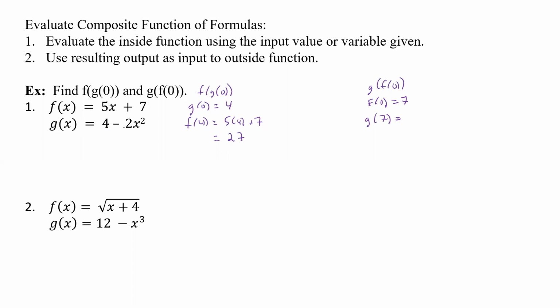And so we have 4 minus 2 times 7 squared. That's going to be 4 minus 2 times 49. And 49 times 2 is going to be what? Negative 98 plus 4, so it's going to be negative 94. And then that would be our value for g of f of 0.